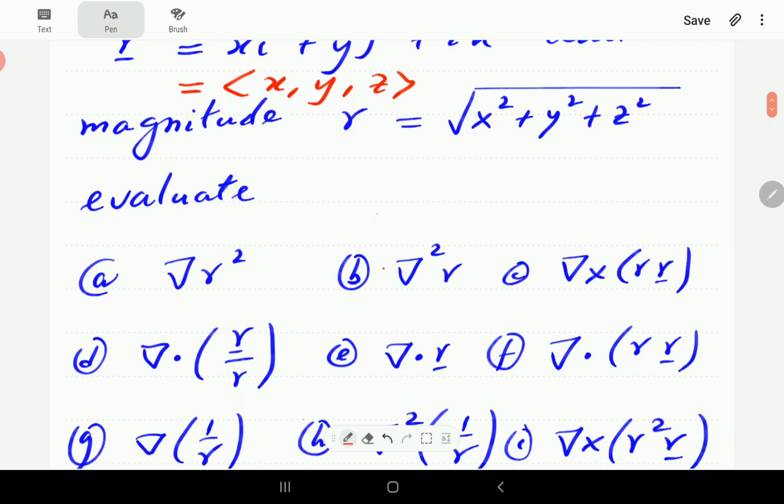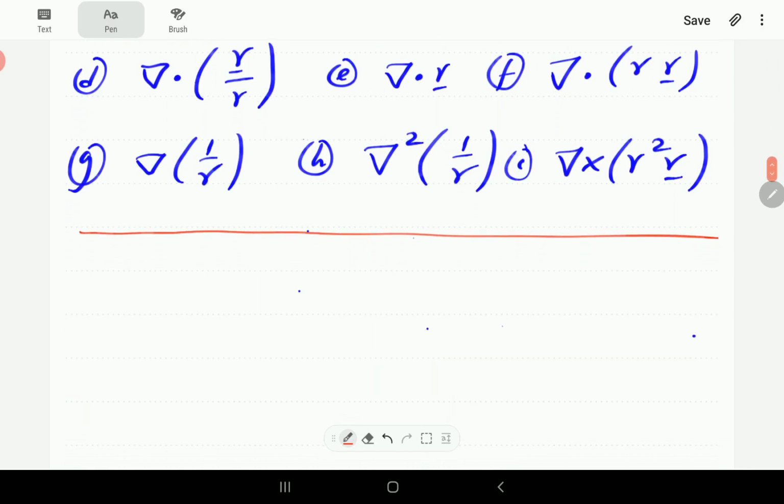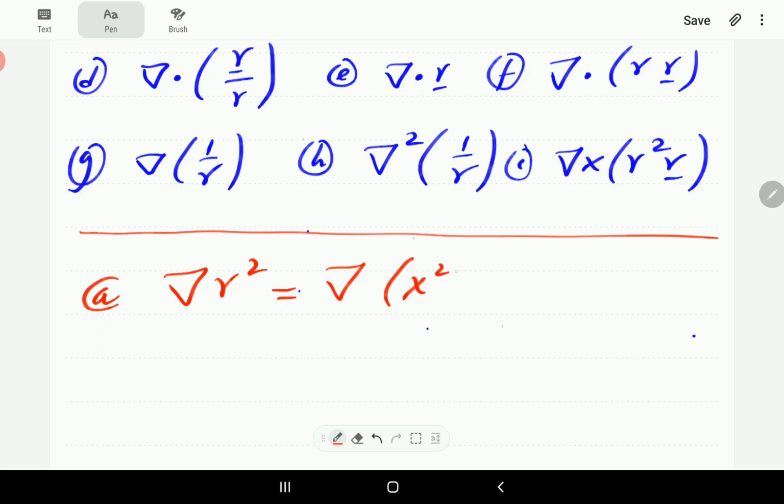So since r is the square root of x squared plus y squared plus z squared, then grad of r squared is simply going to be grad of x squared plus y squared plus z squared.